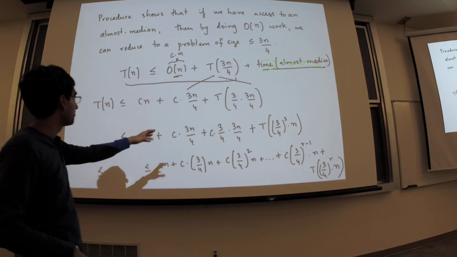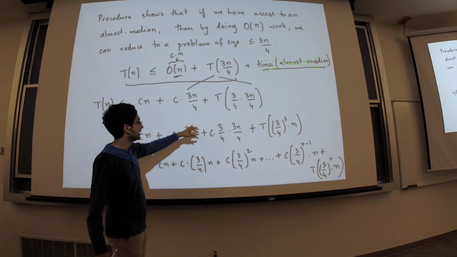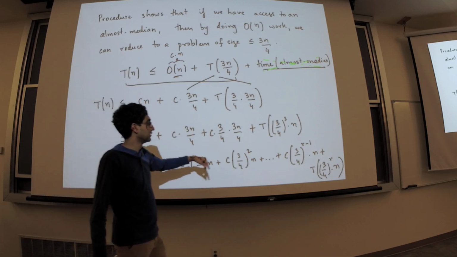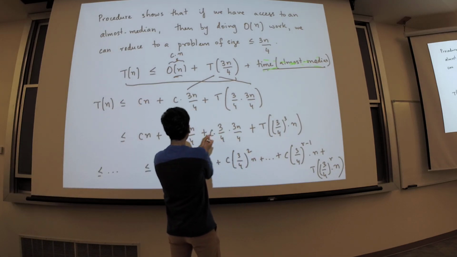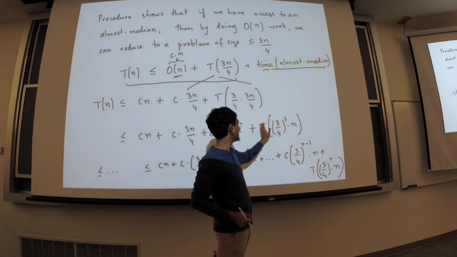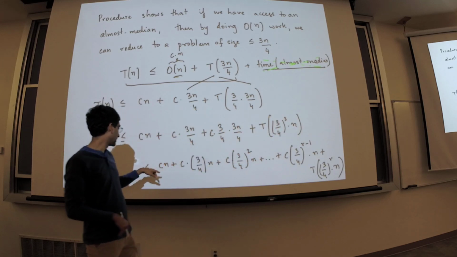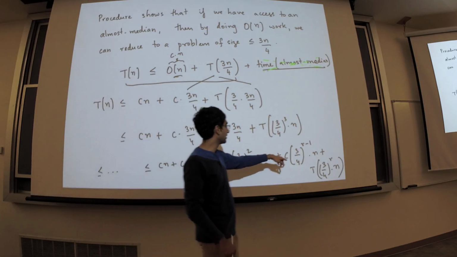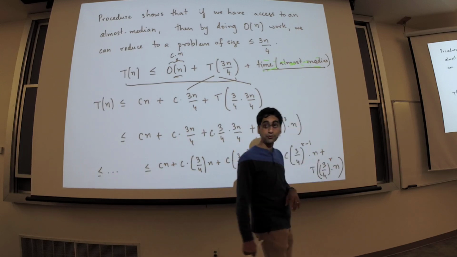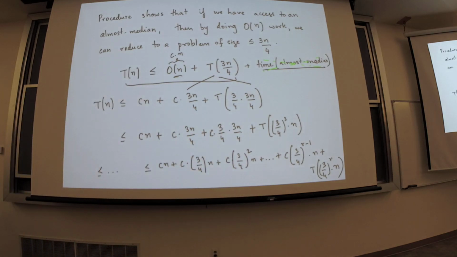This is the usual pattern matching that we did last time also. If you did this expansion r times, here you had 1 and 3 by 4 squared, and here there was a T with 3 by 4 cubed. If you continue doing this, you will get 3 by 4 to the r minus 1, and here you would get 3/4 to the r. So that's the general pattern that you observe.